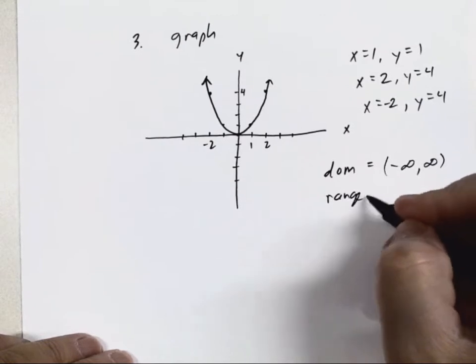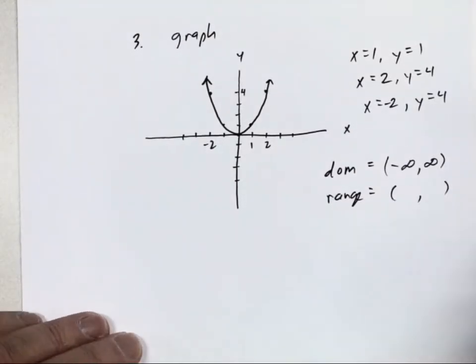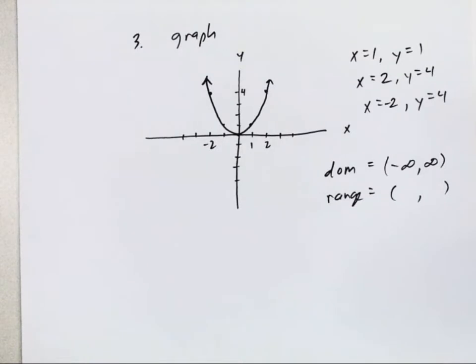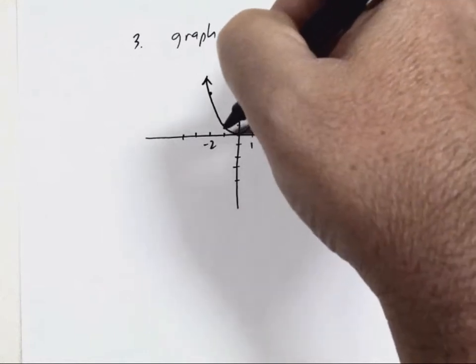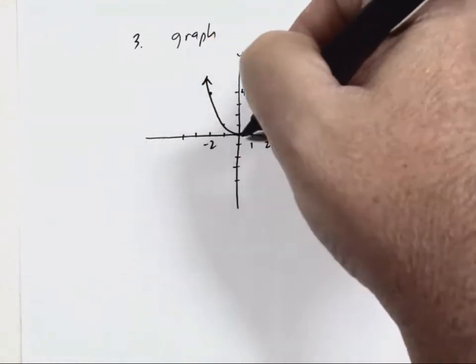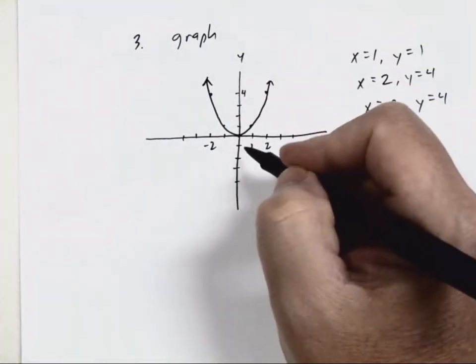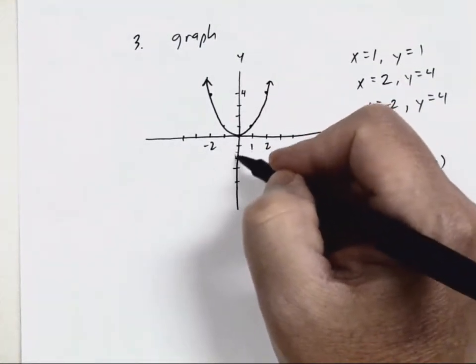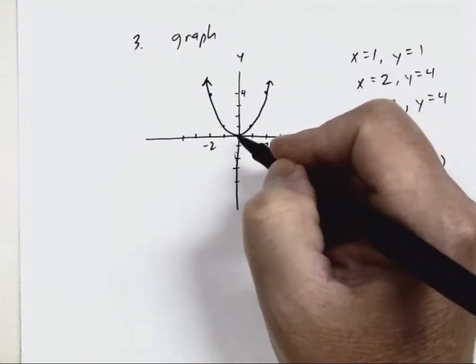Now the range, same idea. It's going to be an interval, except now I'm looking at the values of y. So I'm looking up and down. Look at my graph. What's the farthest down, the smallest number where this graph exists? Well, you notice when I go into negative numbers down here, there's no graph.